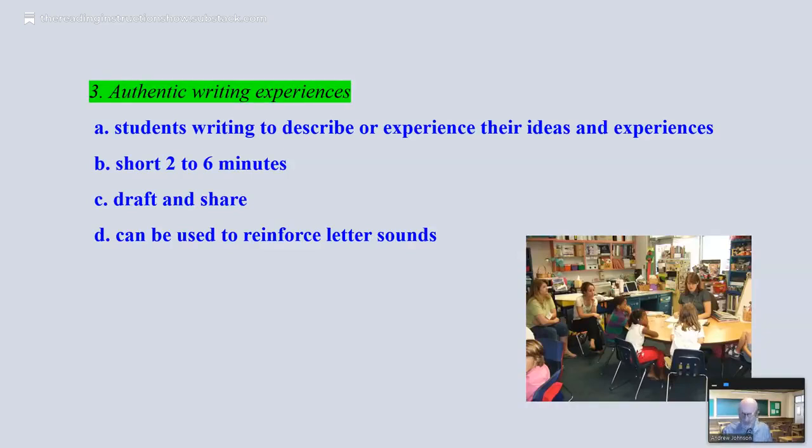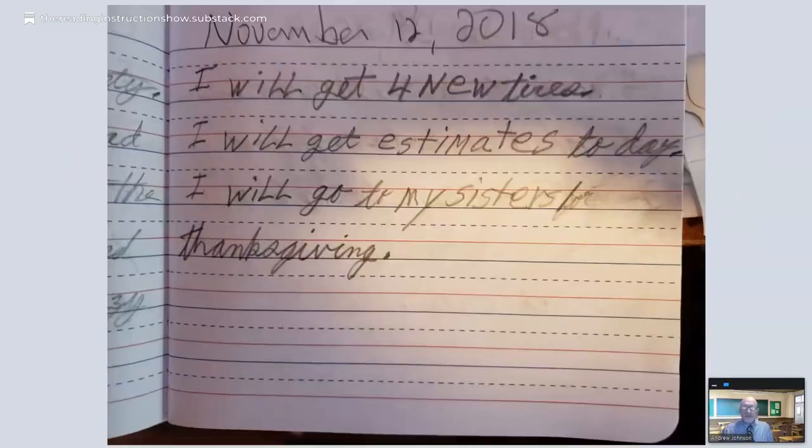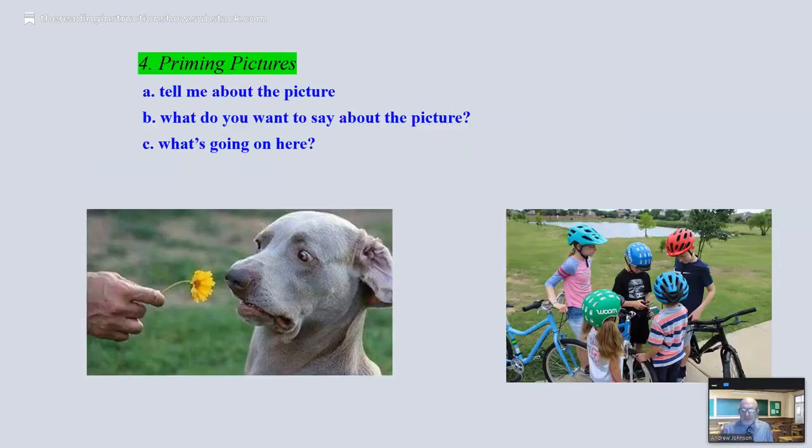And again, these can be used to reinforce story elements or letter sounds. You read a book about David gets in trouble, and the prompt is, I really got in trouble when. Or to reinforce the short A, I was really mad at when. And then they write.